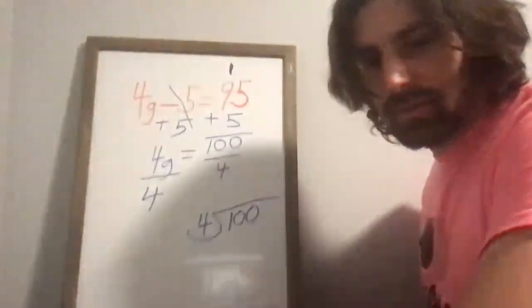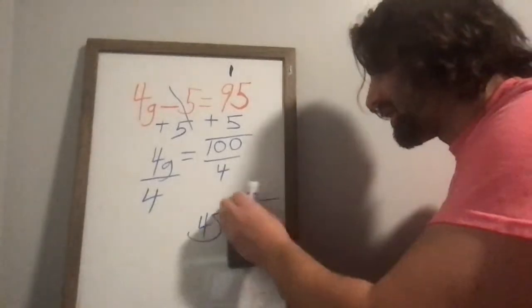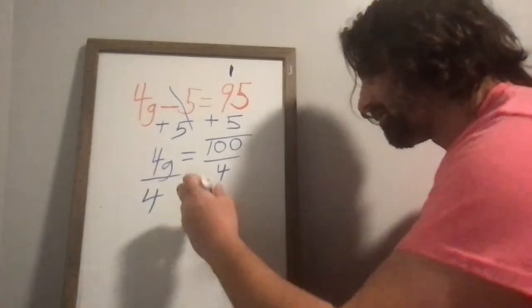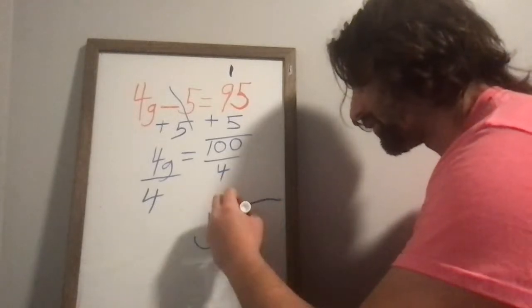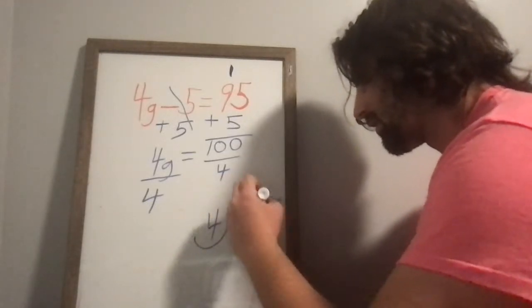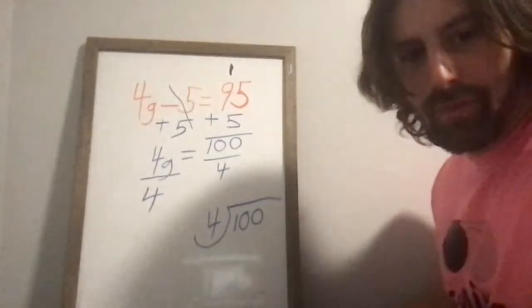Actually, it still kind of looks a little bit slanted, but I'm going to work with it. Want it to be as neat as possible for all of you. All right, 100 divided by 4.